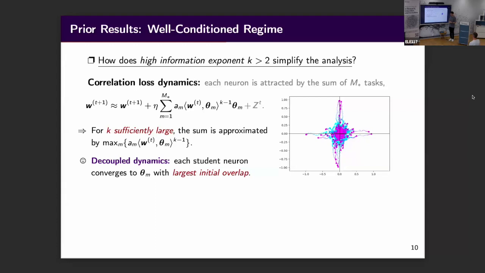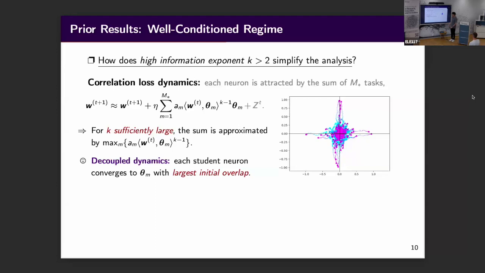If the information exponent is 3 or more, even though each neuron is attracted to all the m star teacher neurons, this attraction is dominated by the closest teacher neuron, and then you're just training a bunch of independent single index models. And this is how you establish sample complexity.